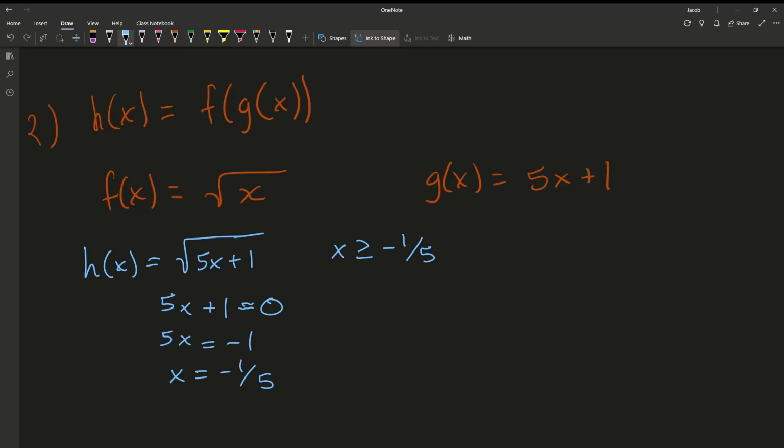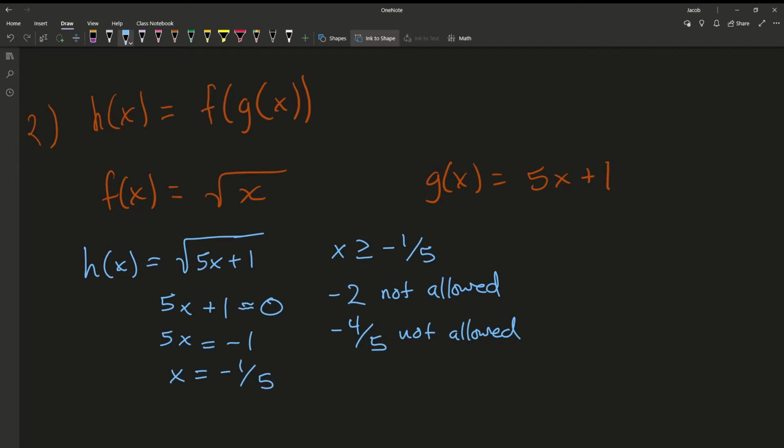I know that x has to be greater than or equal to negative 1/5. So for example, negative 2 is not allowed. If I did negative 4/5, this is not going to be allowed, because it's less than negative 1/5.